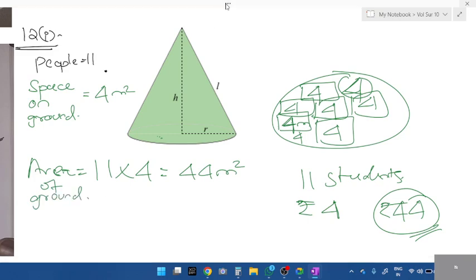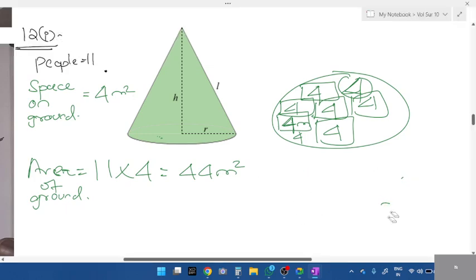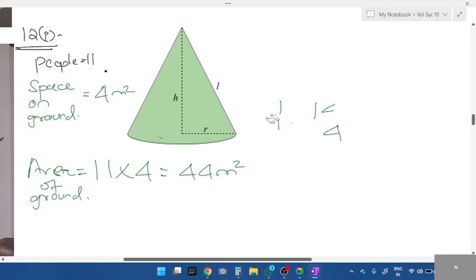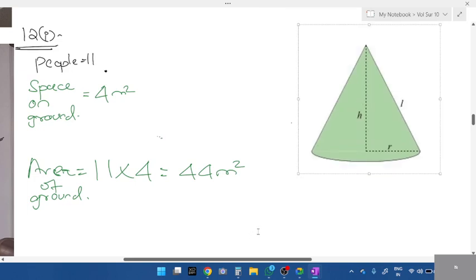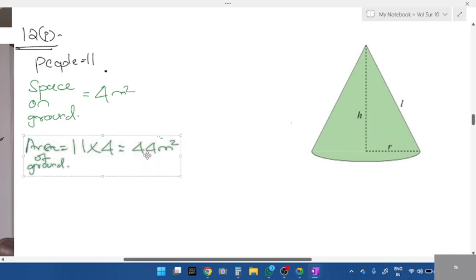Now, according to the first question, we got to know the area of ground is 44 meters square. Second type. When we talk about area of ground, what is area of ground, students? What do you mean by that? Area of ground or the area of base.